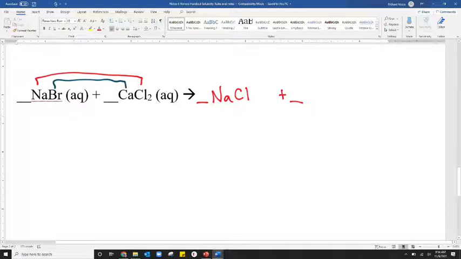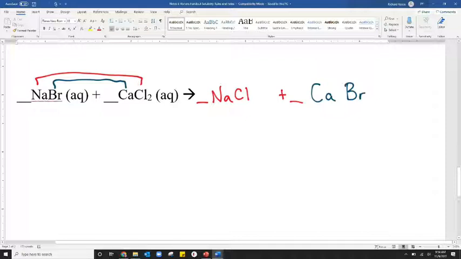Should I say BrCa? How does that look? Is that okay? Oh, Ca comes first because it's the metal. It's the positively charged ion. So for those insides, it's always the second one that becomes first on the right-hand side.